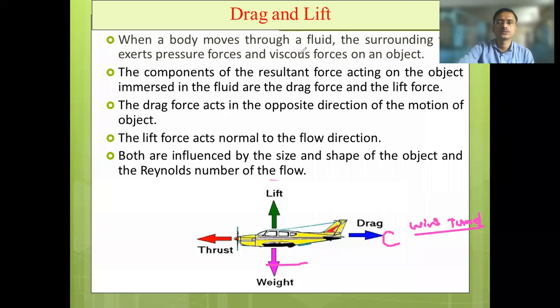When a body moves through a fluid, the surrounding fluid exerts pressure force and viscous force. This viscous force can also be called frictional force because it is responsible for the friction.